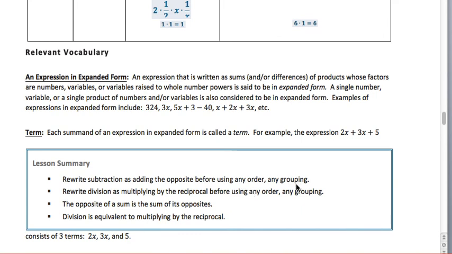You can't move things around until you've done that. And of course, the opposite of a sum is the sum of its opposites. We proved that a number of times. Just follow the same guidelines that we've been working on in these past 2 lessons, and solving your expressions and equations should be much easier.